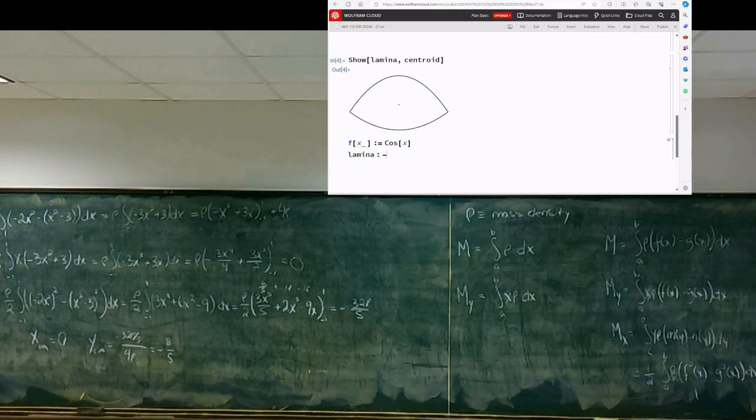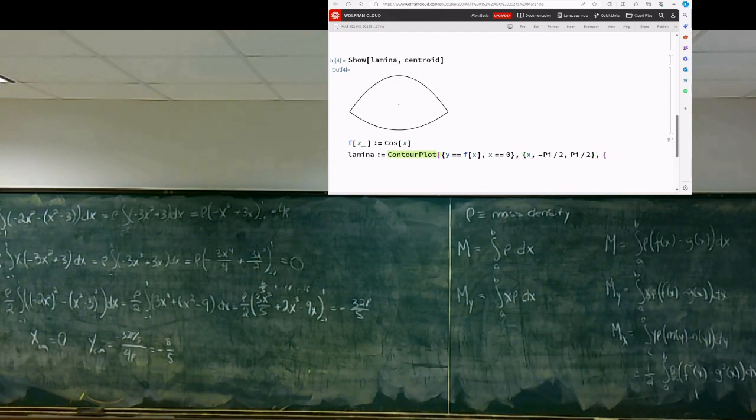So our lamina, let's define that as a contour plot. y equals f of x and x equals 0. We're going to need, oh, actually we don't. That's right, they actually gave us minus pi over 2 to pi over 2.